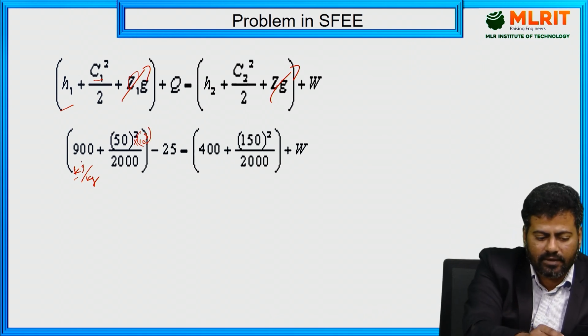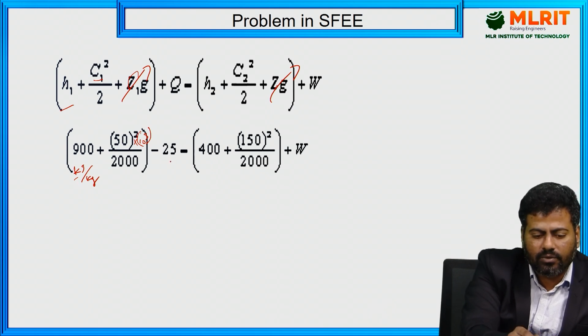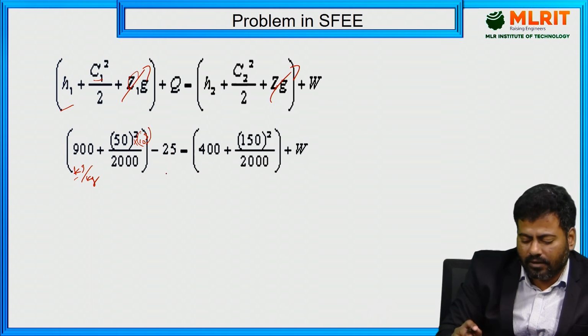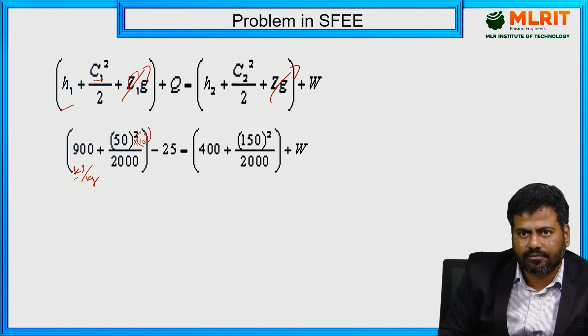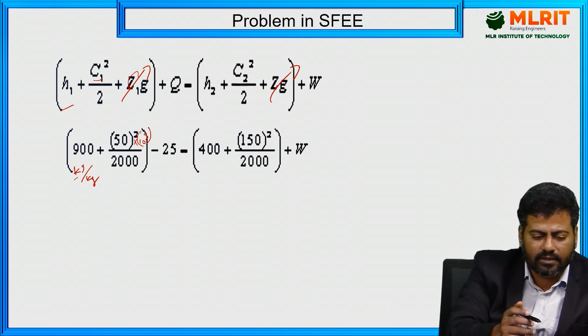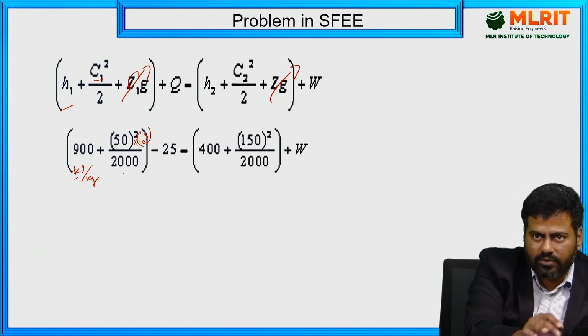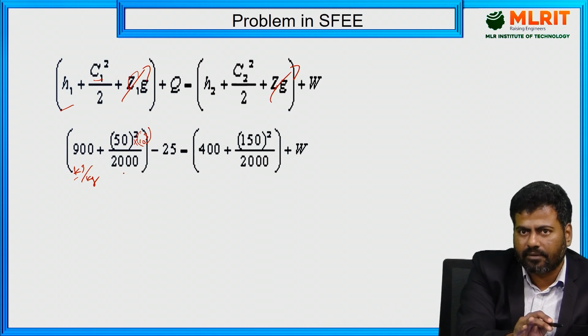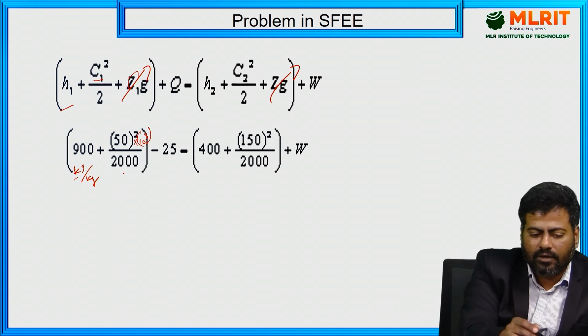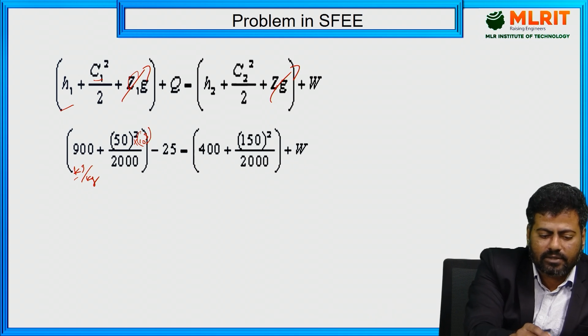Because H is given in kilojoule per kilogram, and Q is given as minus 25 kilojoule per kilogram. They have given kilo there also, so this kinetic energy parameter also we have to convert into kilojoule per kilogram. Already C1 square by 2 is in joule per kilogram. Now to convert to kilo, multiply and divide by 10 power 3, so I have kilo over here.